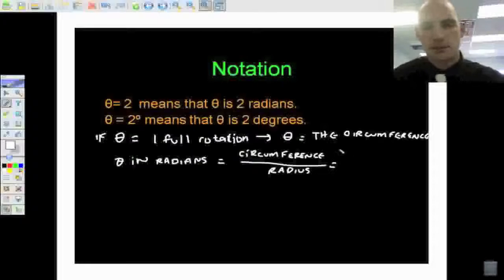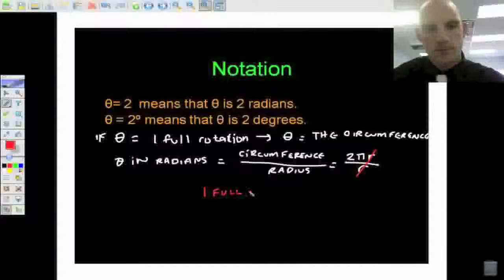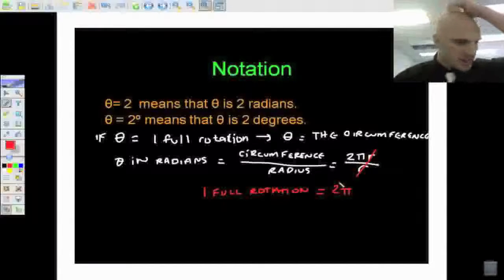Well, that's going to be equal to 2 pi r, which is circumference, over the radius. I don't know if you can see what's going to happen here, but if these cancel out, then 1 full rotation is going to be equal to 2 pi. So that's how this works.